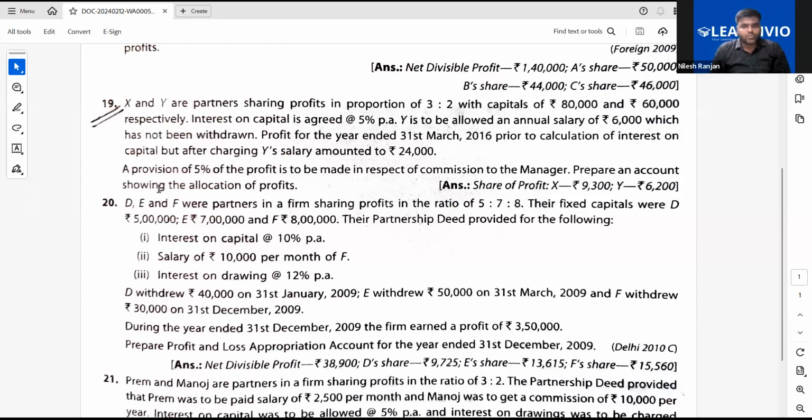Y is to be allowed an annual salary of 6,000, which has not been withdrawn. Profit for the year ended 31st March 2016 prior to calculation of interest on capital, but after charging Y salary, amounted to rupees 24,000. A provision of 5% of the profit is to be made in respect of commission to the manager. Prepare an account showing the allocation of profit.